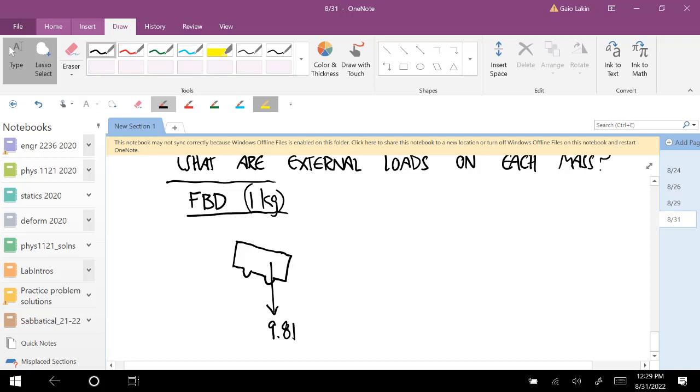Wheels make a frictionless contact with the ground. And so the rule is that force is perpendicular to the surface of contact toward the chosen body. So this way. I'll call that N1.